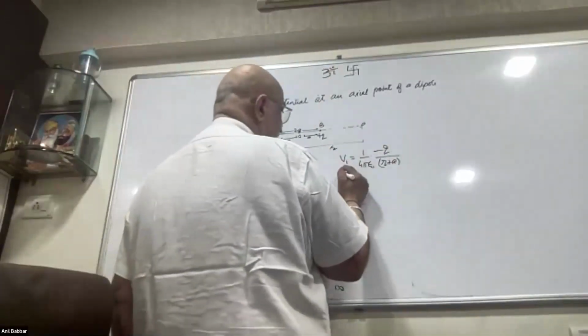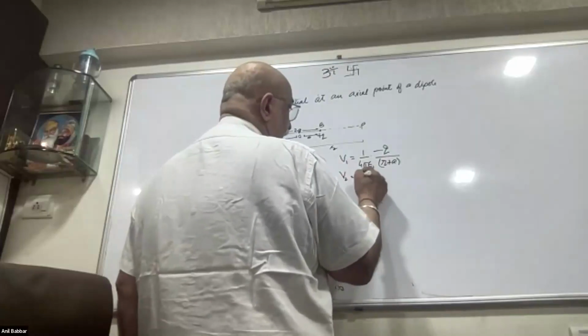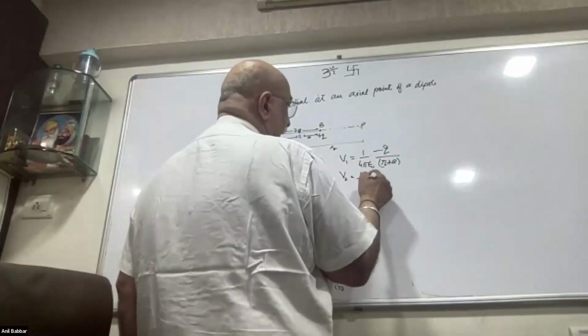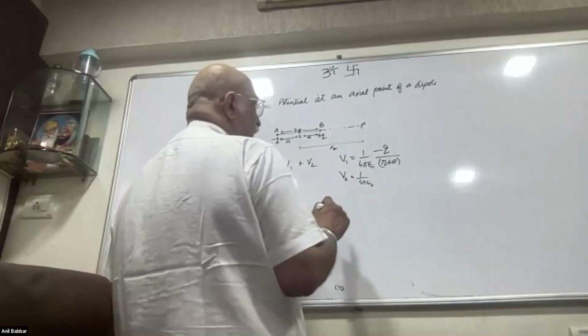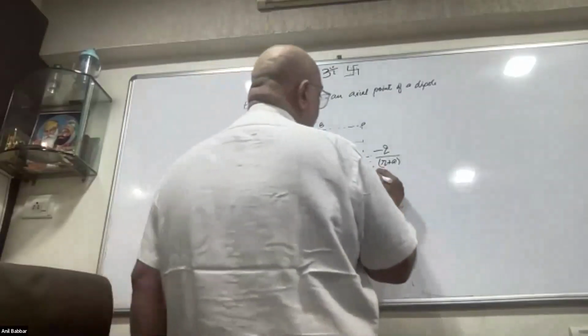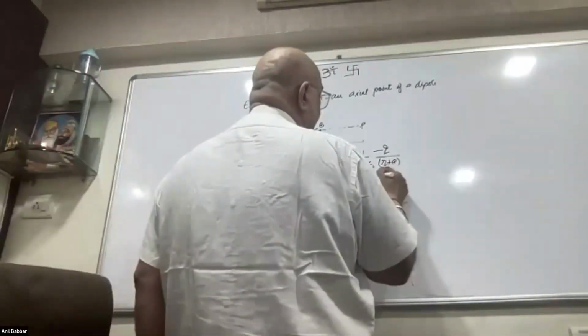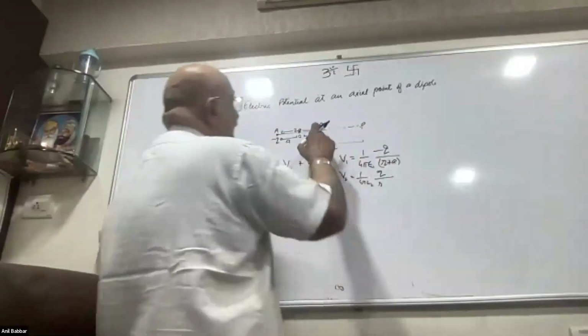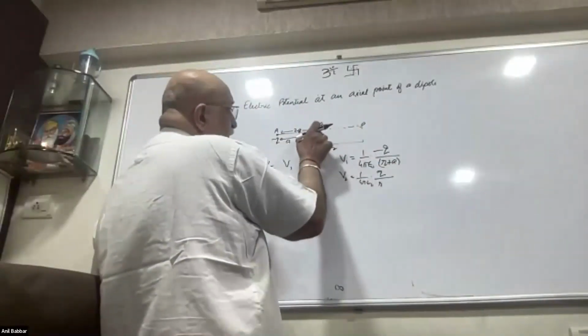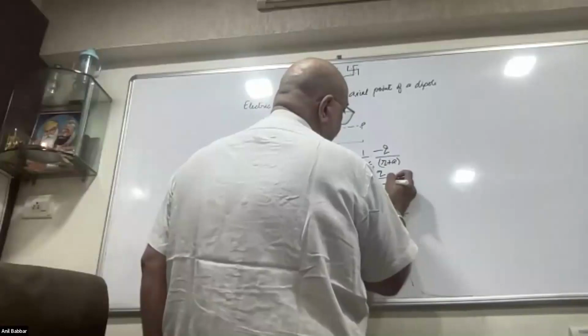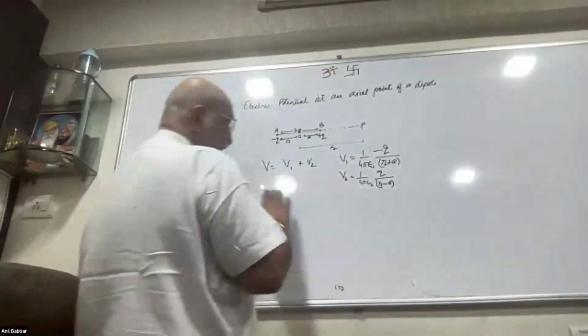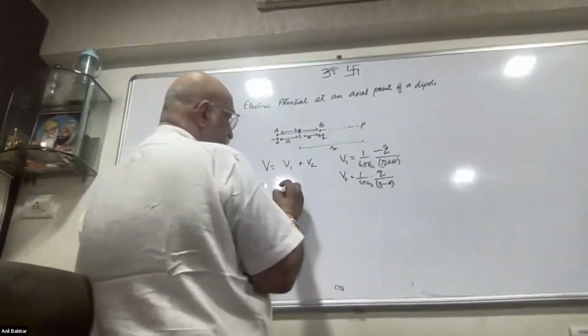And V2 is 1 by 4 pi epsilon naught into positive charge Q upon R minus A, which is the distance. The total potential will be V1 plus V2.